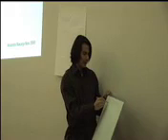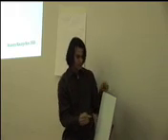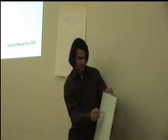Let's start from scratch. If I'm saying A11 and A12 and A13, this makes a vector, or a matrix of one column, of A11, A12, and A13.